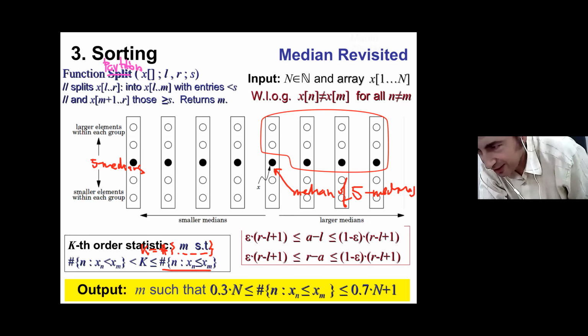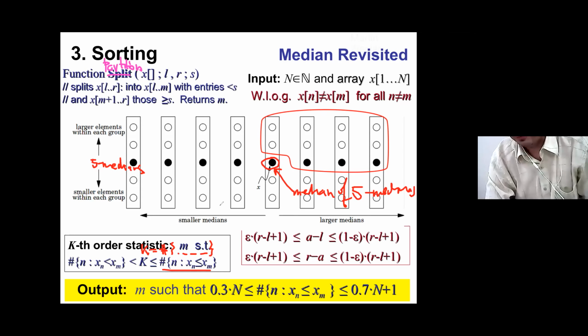It's not very legible, but I'm saying it. And this is what the algorithm is supposed to output. Our algorithm will output this element, and this is why we call the algorithm the median of 5 medians.